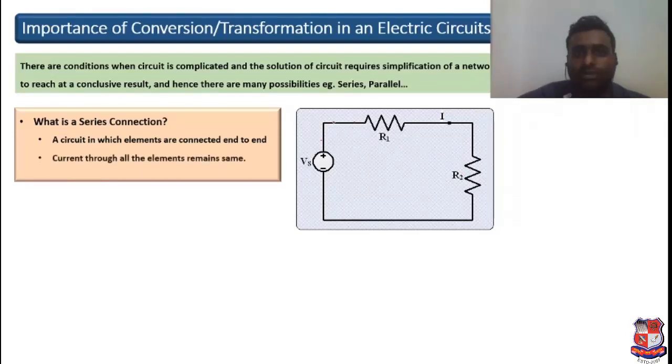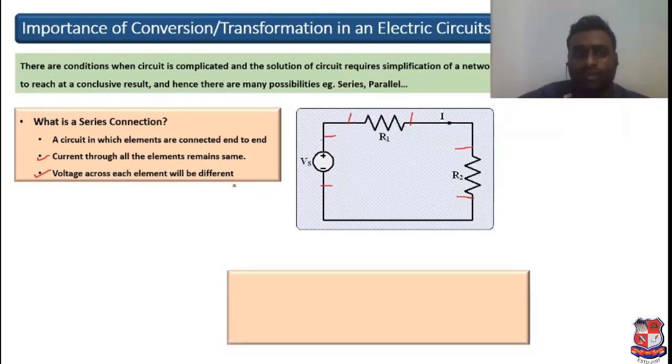Current remains the same in all the elements, and the voltage across each element will be different. That is obvious because current flowing causes a drop that reduces the voltage, so the voltage will be different across each element. These are the two important features.